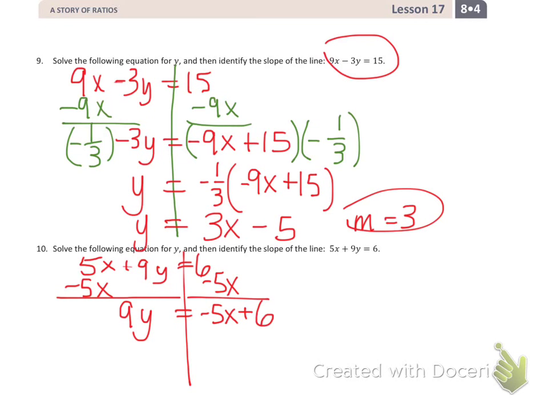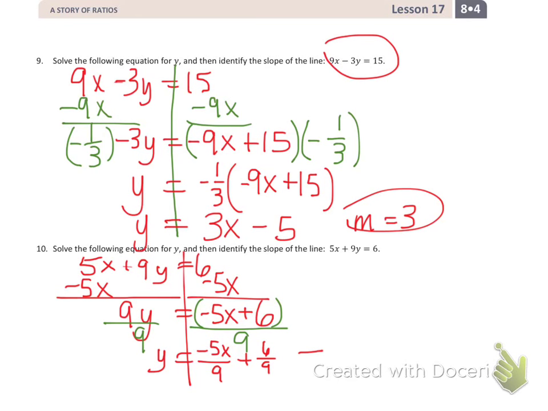plus 6. Okay, so now I'm going to divide both sides by 9, and this time I'll do it this way. Instead of multiplying by 1/9, I'm going to divide by 9. So the expressions that I'm left with are y is equal to negative 5x over 9 plus 6 divided by 9.